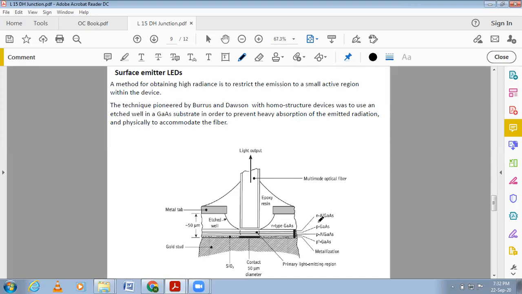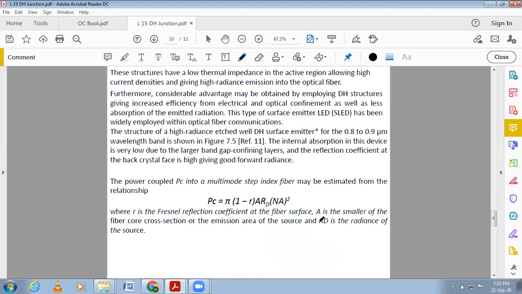So in this type of surface emitter LED, we etch a well, or dig a well, up to the active region and insert the fiber on top of that active region, right? These structures have low thermal impedance in the active region, allowing high current density and giving high radiation efficiency into the optical fiber.